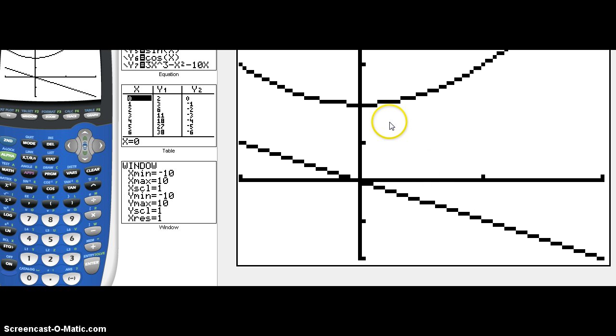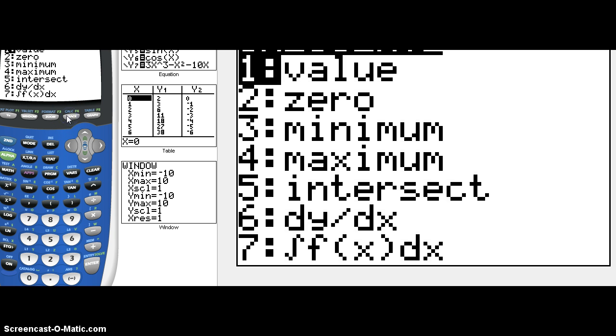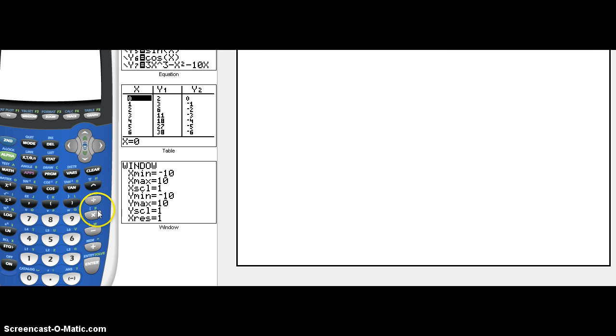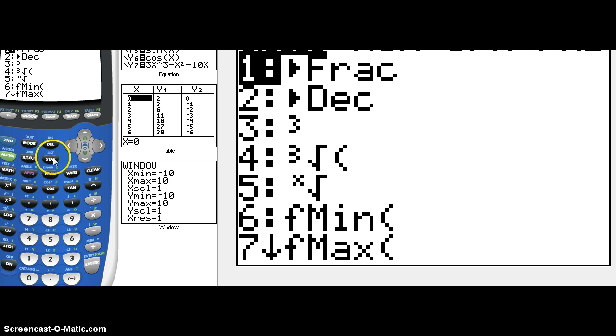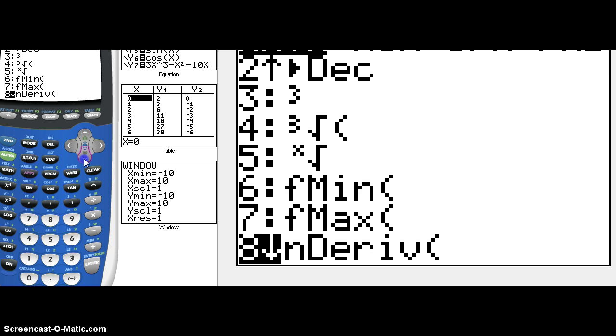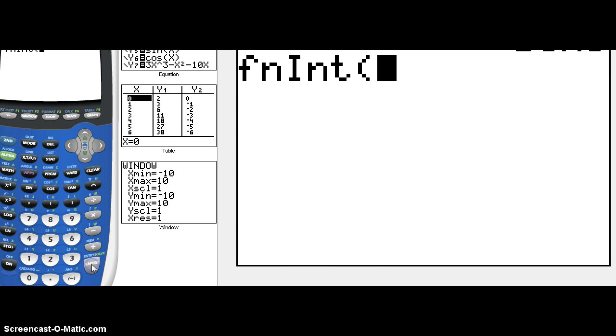Unfortunately, on the graphing calculator, we're not able to find the area of the region between two curves, so we wouldn't be able to use the second trace integral option. Instead, we have to go to the main screen, and I'm just going to have to put something in here quick. There we go. And when I hit math and I scroll down, the 9th option is the finite integral.